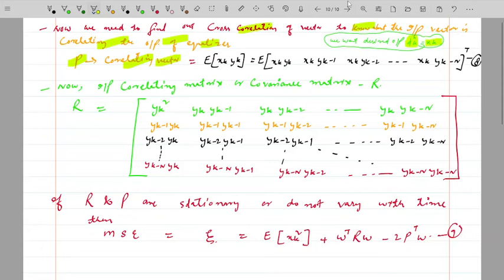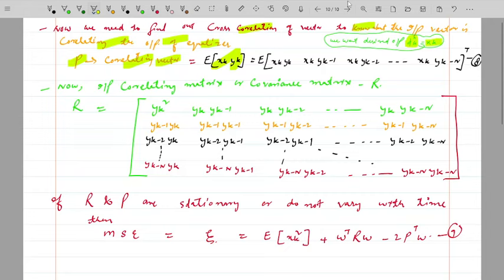So here, consider the correlating vector p, the value of p that is equal to the expected value of the product of x of k, which is the desired output that we want at the output, and y of k, which is the input vector that we have given to the equalizer.